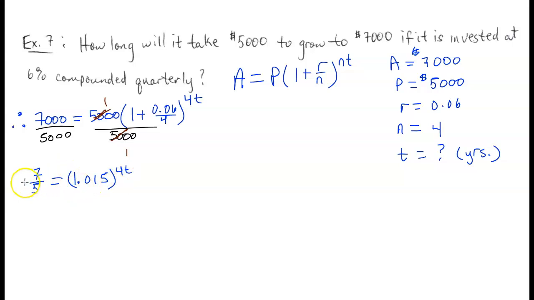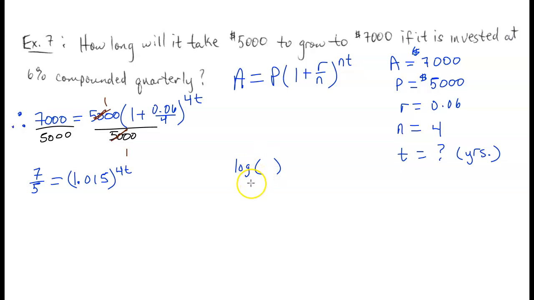So from here, we're going to use a logarithm property called the log of both sides theorem. We can do log of any base that we want. Probably the two most common bases to use are log base 10, which most of you know is just writing log like this.